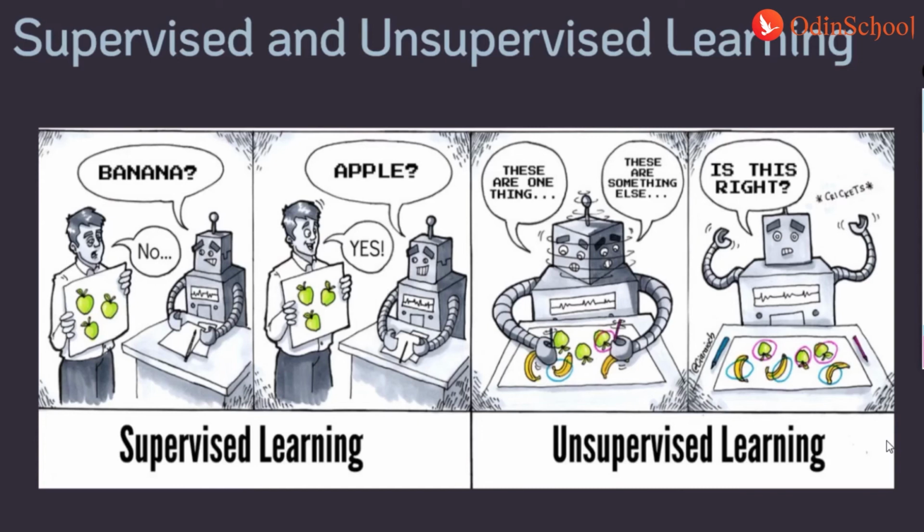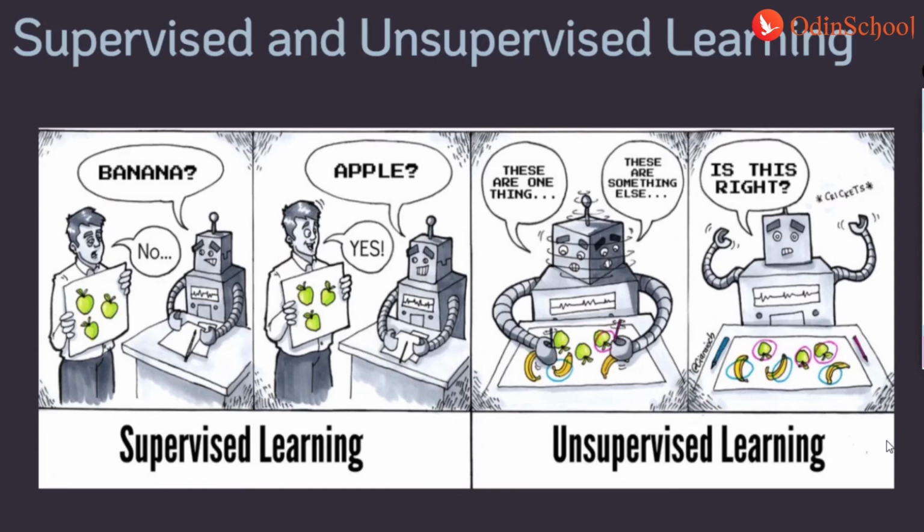For example, in the slide that you are seeing, I'm showing you two images. I have a group of fruits which I have labeled, either apple or banana, and I have trained my program based on that.